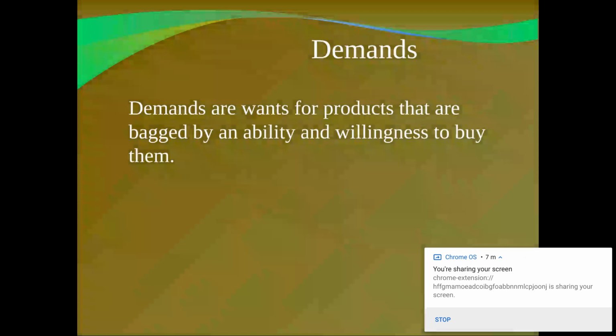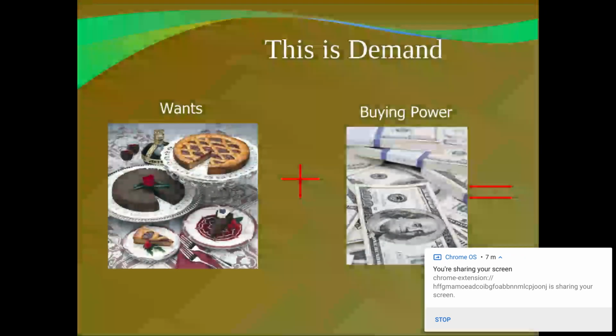It does not only mean that your pocket must allow it, but it also covers subtle aspects of whether this thing is available in your city, or whether this thing is legitimately available in your city or not. So these two things are very important. So this is an example that wants plus buying power is demand.